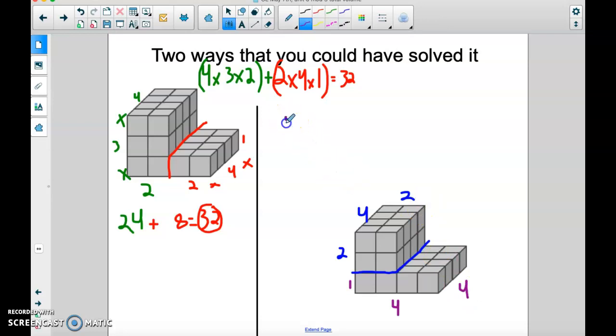So my equation would be 4 times 4 times 1, plus 4 times 2 times 2.